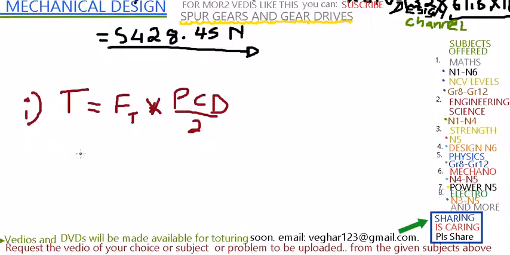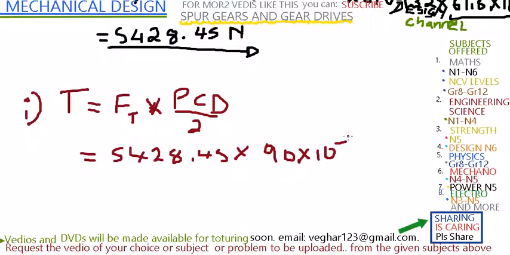So calculating this, you'll have something like 5428.45 multiplied by the PCD, which is 90 times 10 to the power negative 3, because it's in millimeter. So the M represents millimeter.